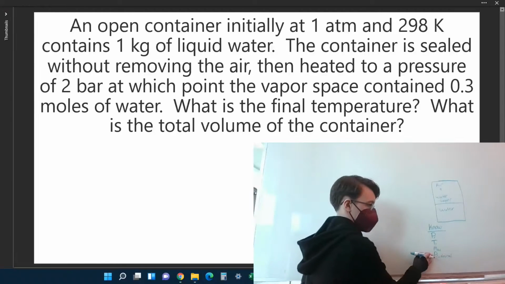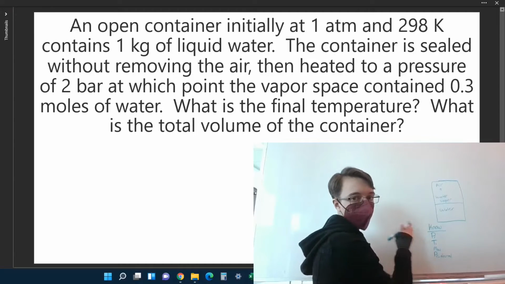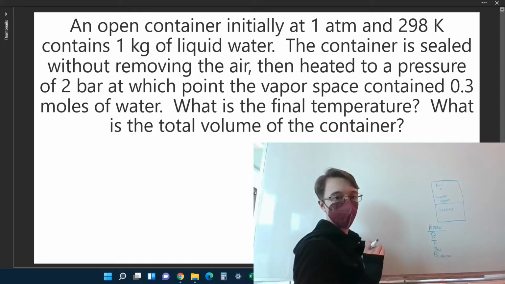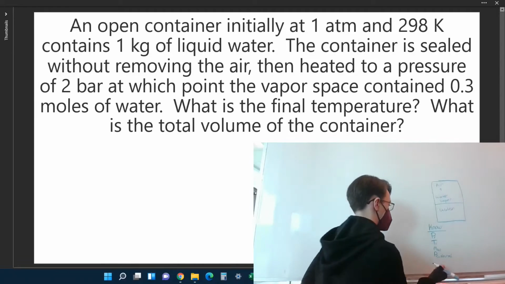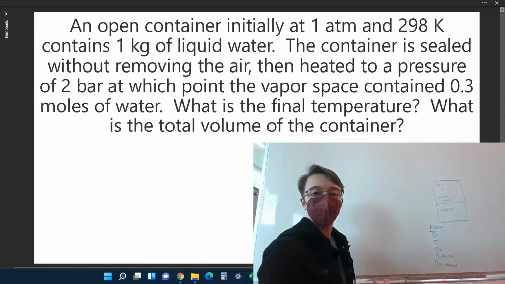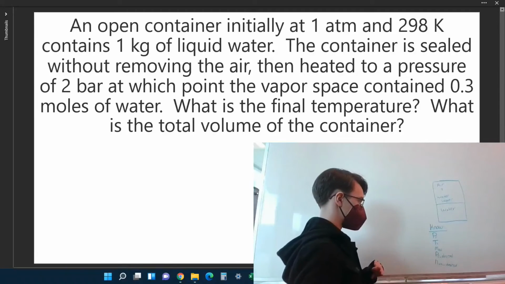So we're going to call this the desired final pressure. That's similar to the desired moles of water vapor. Same thing with the moles of water vapor. Those are desired. Alright, so this is what we know about our situation.